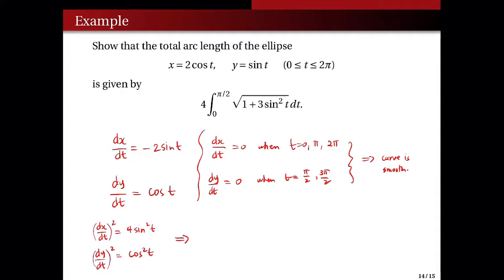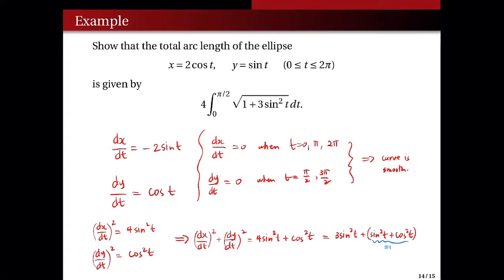This means that you have dx over dt squared plus dy over dt squared, which is 4 sine squared t plus cosine squared t. But this is just 3 sine squared t plus the quantity sine squared t plus cosine squared t. And again, this is just equal to 1.